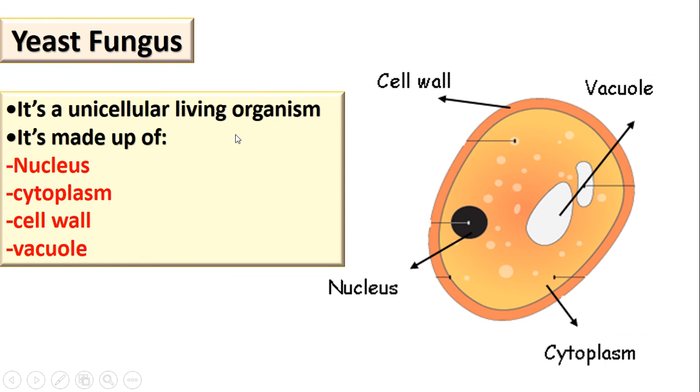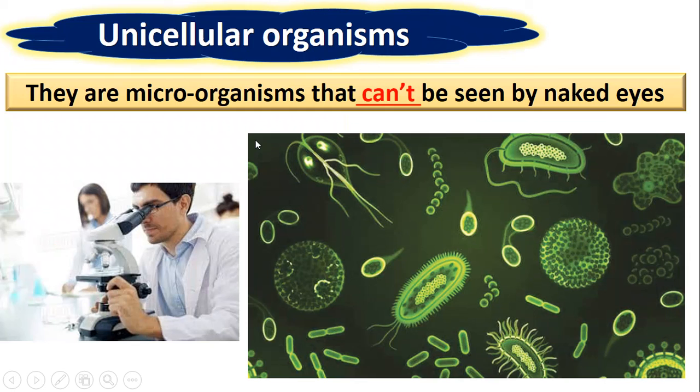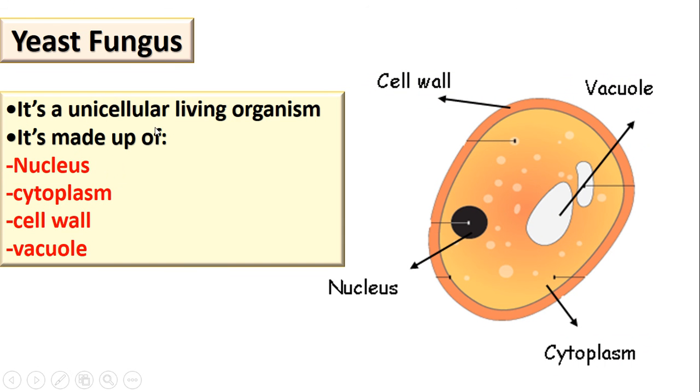Okay, we say that the unicellular organisms are like yeast, fungus, and bacteria. Let's talk about the yeast fungus. The yeast fungus is a unicellular organism, consisting of just one cell, made up of a nucleus and cytoplasm. The nucleus organizes the biological operations in the cell and controls the cell division.